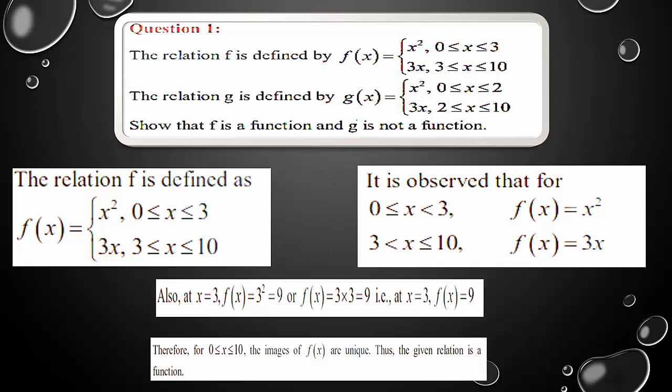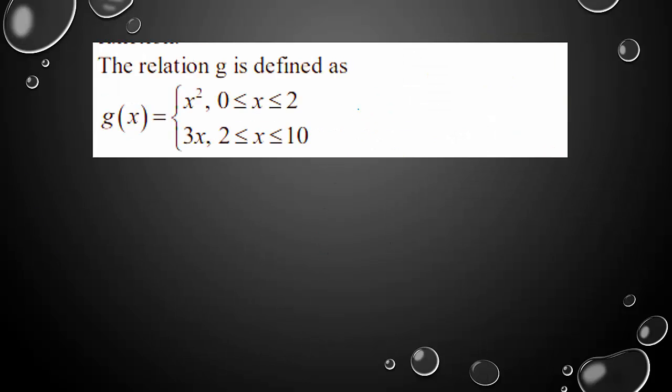Now, let us see g of x. The relation g is defined as g of x equal to x square whenever x is in between 0 to 2. g of x is defined as 3x whenever x is in between 2 to 10.